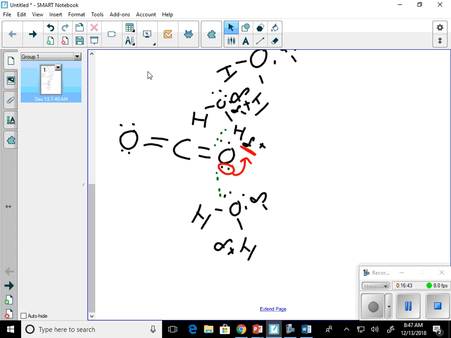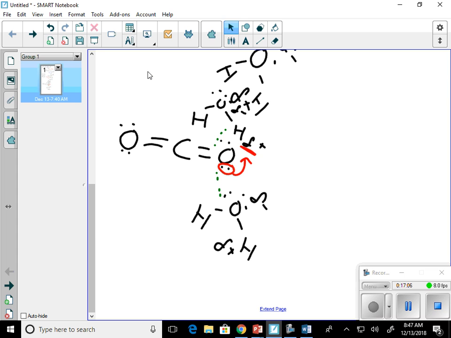When carbon dioxide is around a polar molecule, a little bit of the water's polarness rubs off on it. It's kind of like being around a person that's a good influence. I don't know if your parents ever say that friend is not a good influence on you, you should hang out with this person instead. Well, when carbon dioxide hangs out with water, it wants to be a little bit like water. Water affects it a little bit.